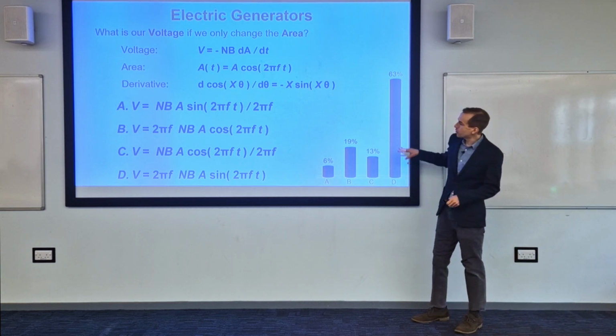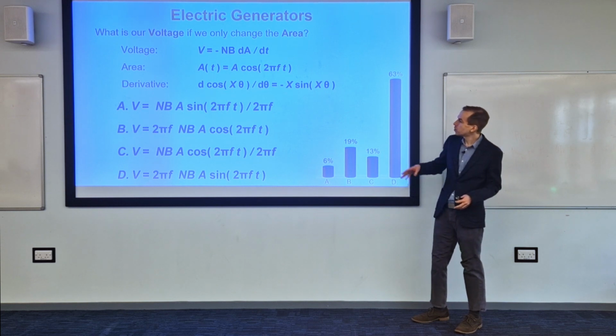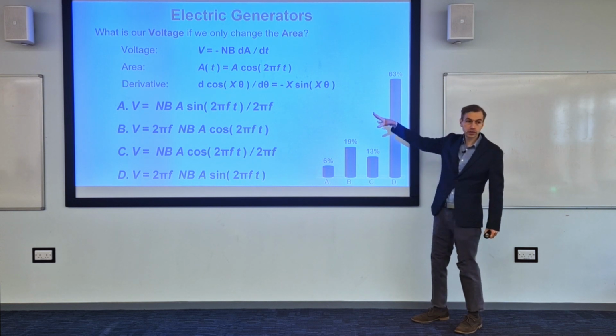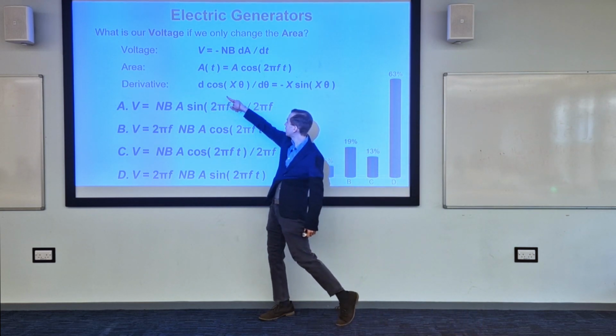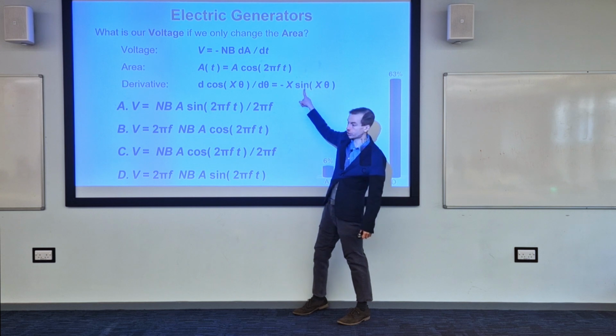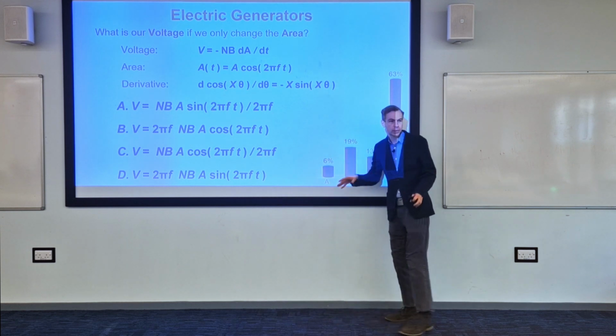Now, this can be a bit of a tricky one because there's a few pieces of the puzzle going on here. So we're starting with a cosine function. And we know from this rule here that if we start from a cosine function, it's going to get turned into a sine function. So it's got to be one of these ones which is a sine function, either this one or this one. So we can narrow it down.